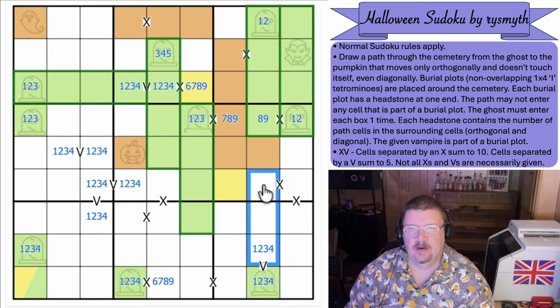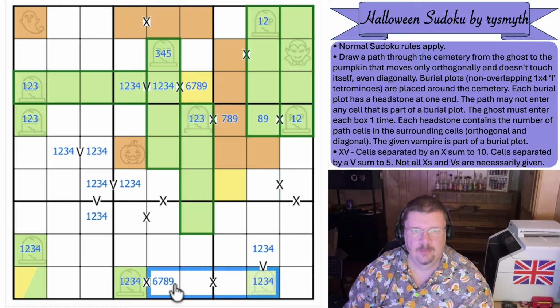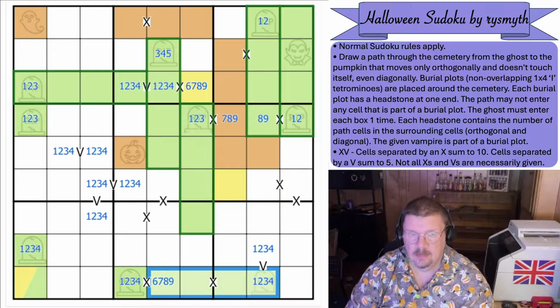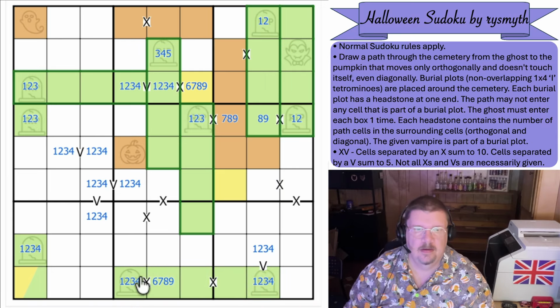That one, if that one goes north, then I can't get this path out. So that does not go north, that goes west. That makes that all green, and I can mark in my plot there. And now, if this one goes north, I can't get the path through. So this one does, in fact, go west.